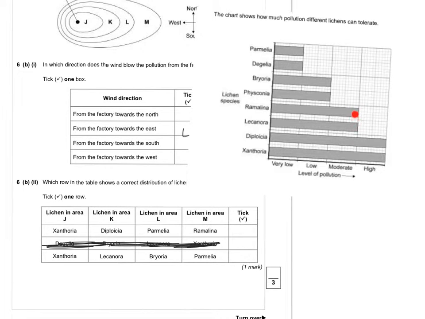That's Lecanora and Ramalina. And the only one which has got Lecanora in that area is the bottom row. Therefore we know it's not going to be the top row, which gives us our answer, so there should be a tick in the bottom row for that one. Okay, moving on.